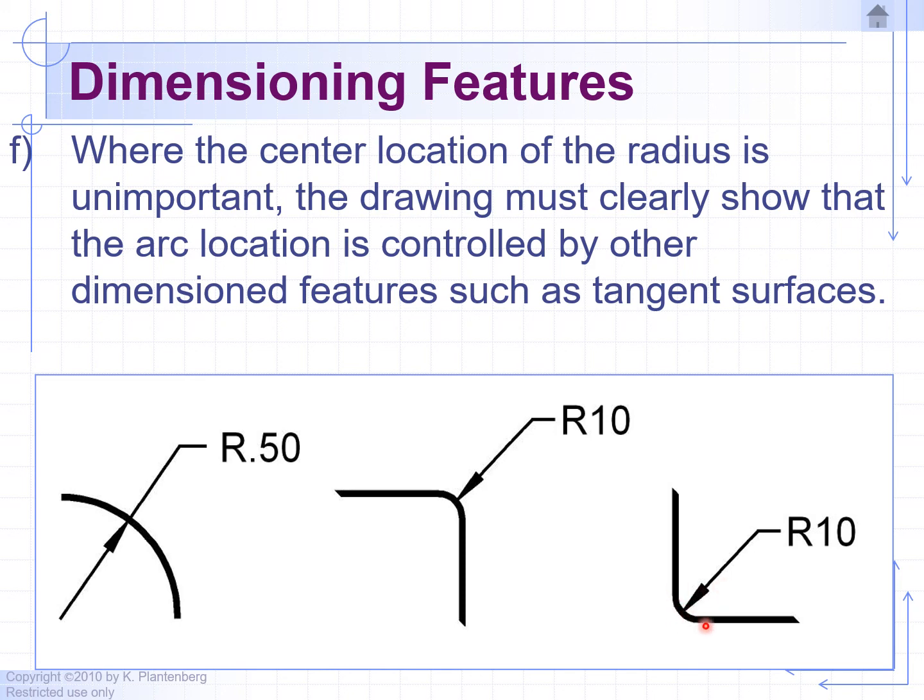We're just rounding off the corner to avoid sharp edges or to give it more stiffness. And we simply do it by calling out the radius. Same thing on the first one here. We have an arc where the center is not important, and we can assume tangency. All we need to do is dimension the radius of the arc, and you can place the arrowhead on the inside or the outside. Next slide.